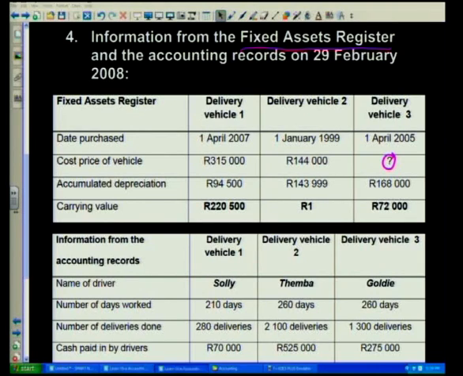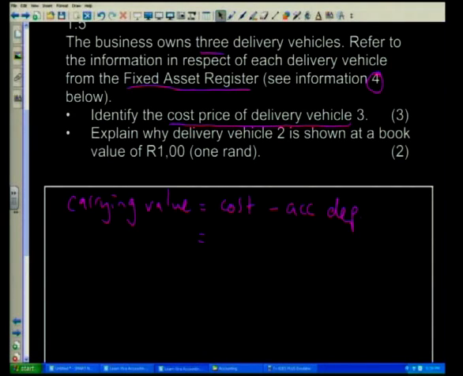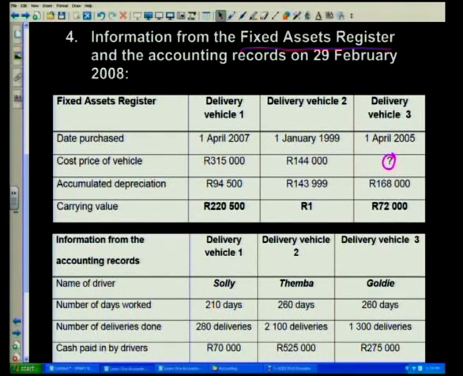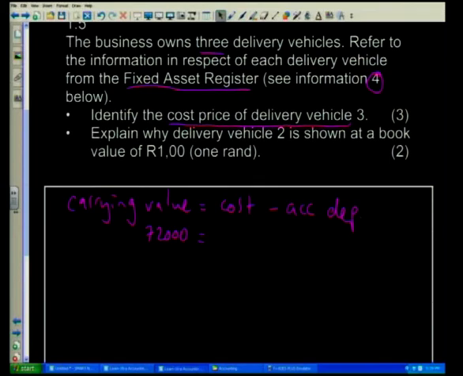Let's transfer that information in here. So in this case, the 72,000 Rand, which you'll remember is our carrying value over here, is equal to the cost price which we want to solve minus the accumulated depreciation of 168,000 Rand.